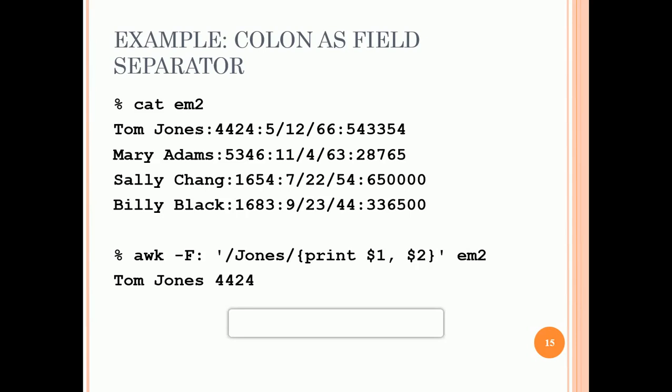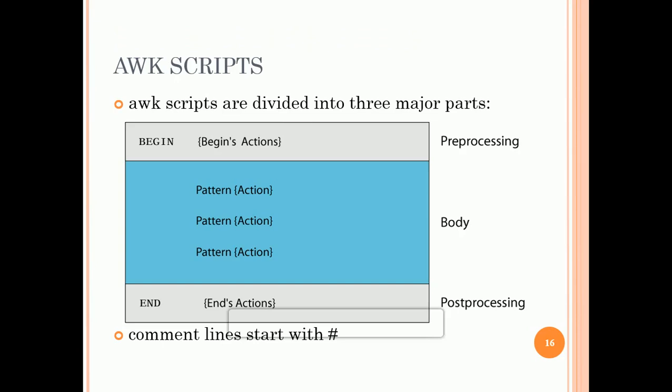So we said here, we want to search the pattern Jones, and for that pattern, we want to display only the first field and the second field. So accordingly, it is displaying Tom Jones, and the value of the second field is 4424.